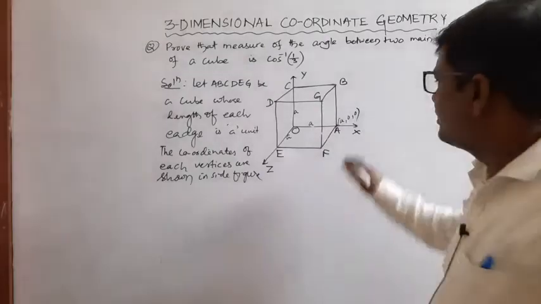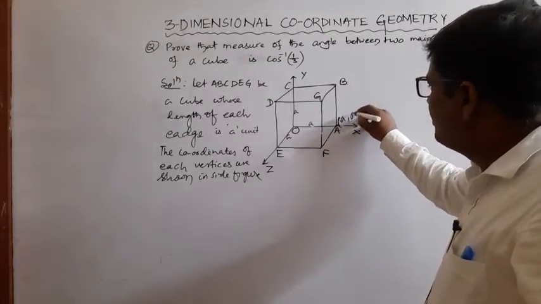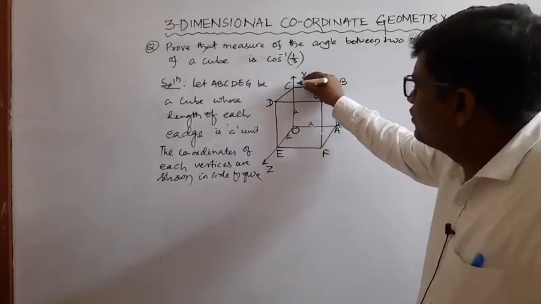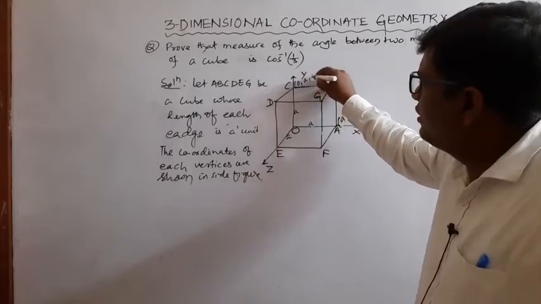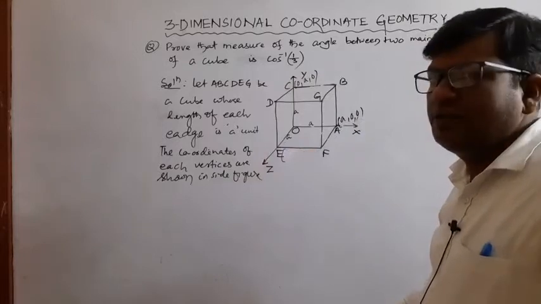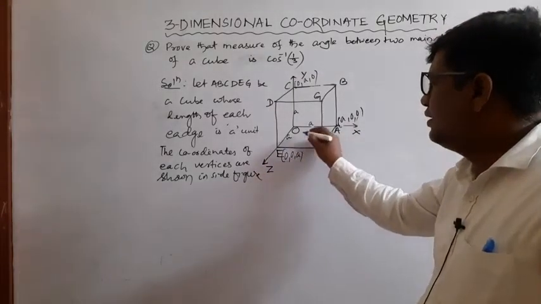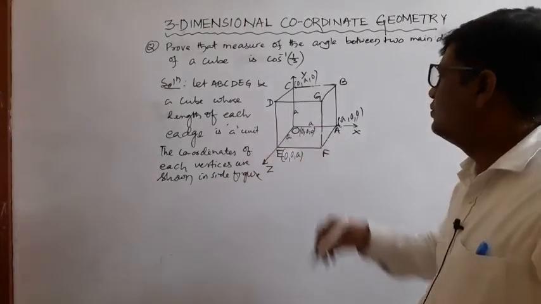And the point C: this is on the y-axis, so (0, a, 0), and this is on the z-axis, so the coordinate of E is (0, 0, a). The origin is (0, 0, 0).